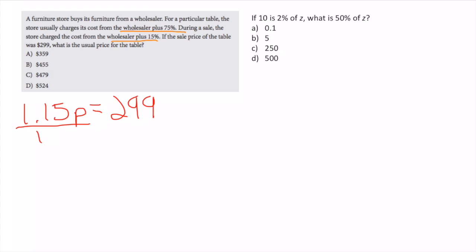So we just solve for P, divide by 1.15. So the price from the wholesaler is $2.99 divided by 1.15, which is $2.60.